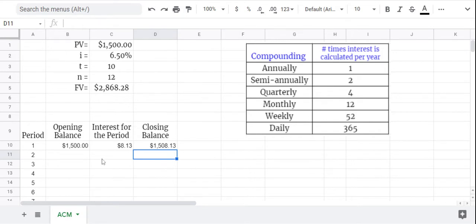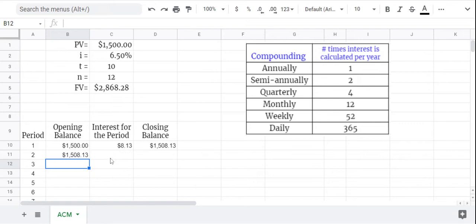Good. Now let's do the next period. And of course, the opening balance for period 2 is the closing balance for period 1. So all I have to do here is press equals and click on the closing balance for period 1 and press enter. Notice that I'm not putting the value, I'm just typing what is in the cell. Very nice. Now, here's something interesting.